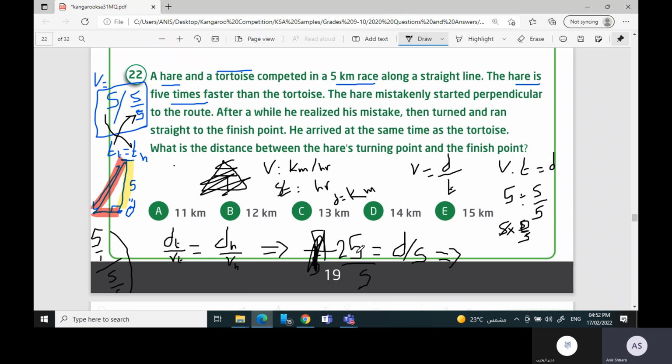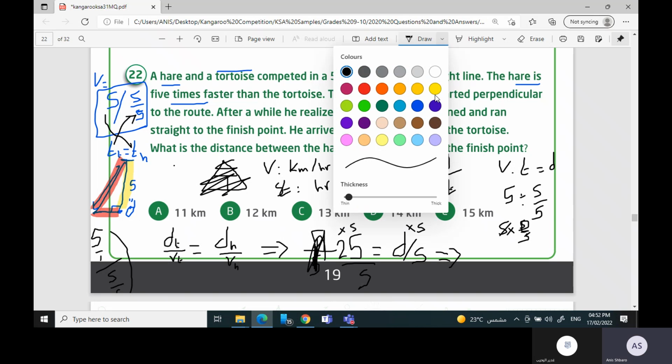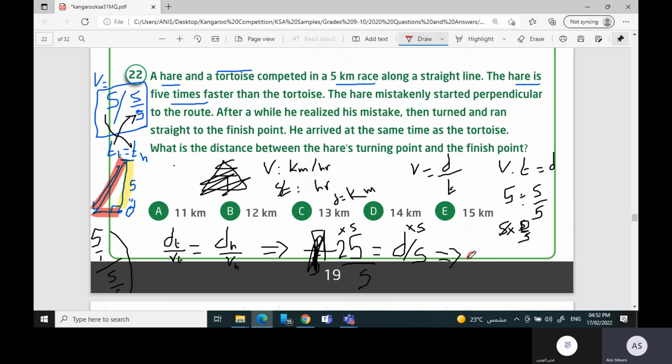I can easily multiply by S on both sides. To get, let me change the color. Okay, red. To get that D is equal to 25 kilometers.